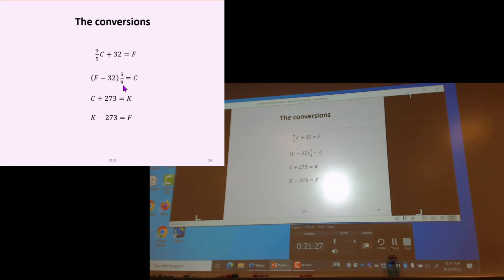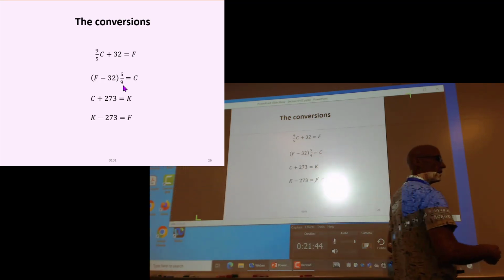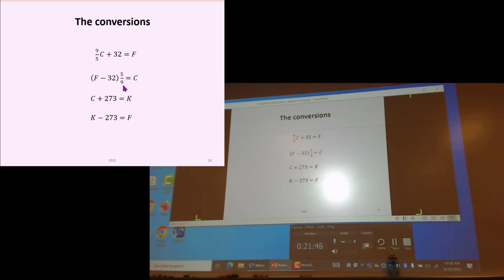You guys are all right. Now I have to correct. We need to know the thing to go from Kelvin to Fahrenheit. Kelvin to Fahrenheit is a 2-step conversion. We'll work on that today.